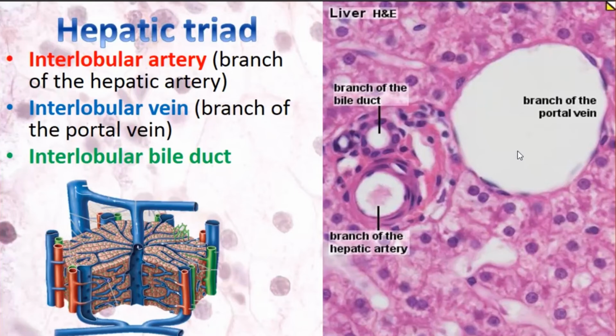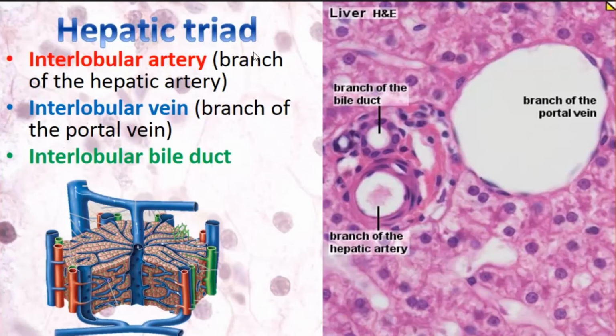Those three structures, two vessels and one duct, usually form the hepatic triad together, so they are located near each other. And those hepatic triads are located near the angles of the hepatic lobule. The hepatic lobule is hexagonal in shape, so near the angles of this hexagon, there are interlobular artery, interlobular vein, and interlobular bile duct.